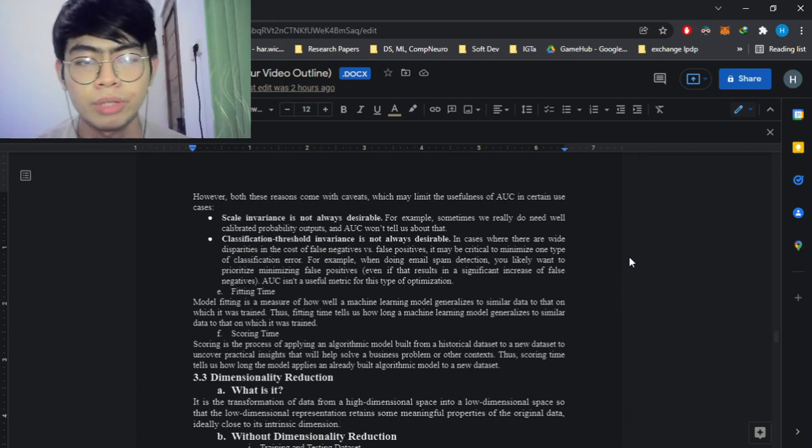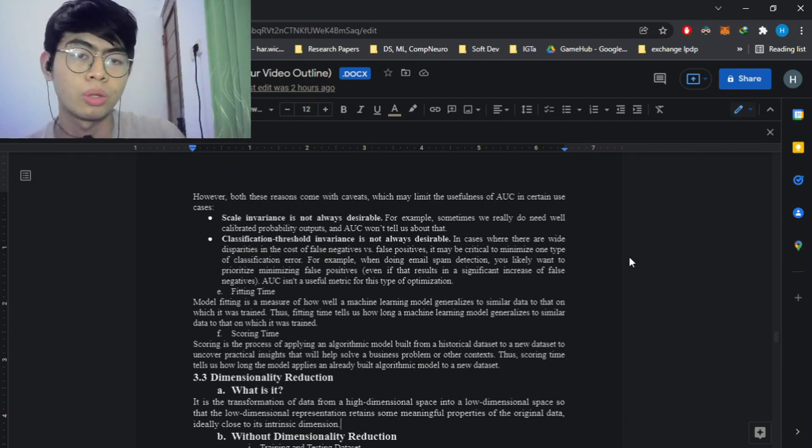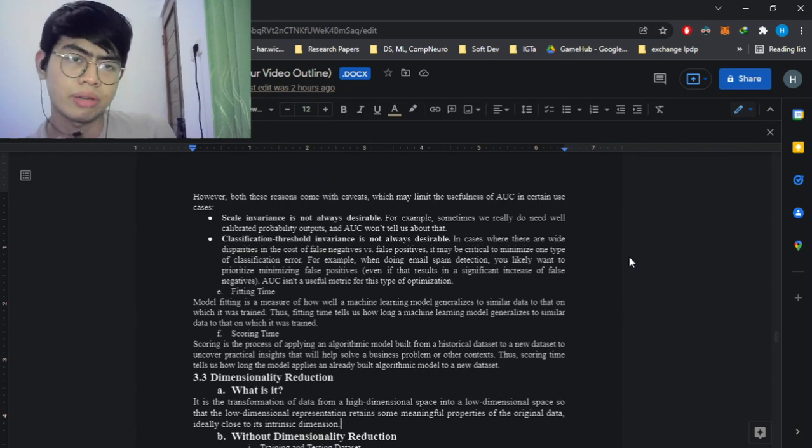Okay, so we talked about AUROC, right? And essentially, what I've been talking about so far, accuracy, precision, recall, F1 score, AUROC, are the five most common ways of trying to measure how well a model performs, right?